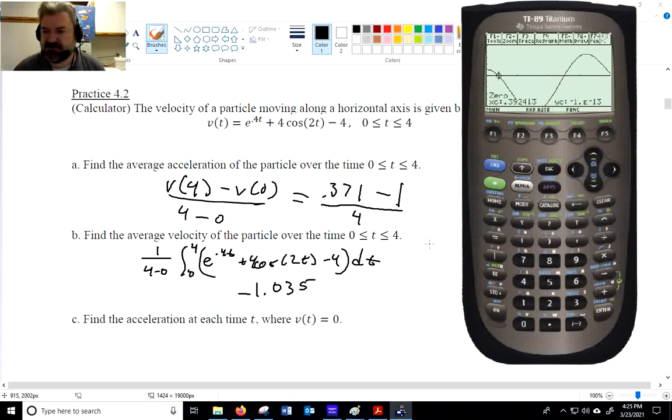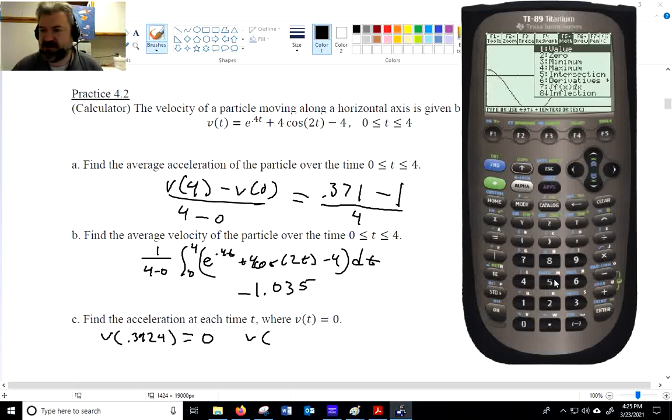So that is 0.392. So we're going to show our work like this: v of 0.392. I'll go ahead and do one more since we're going to have to evaluate it. I want to make sure I get accurate to 3 decimal places when I'm all done, so I'm going to wait to round at the end. And F5, we're going to find the 0.